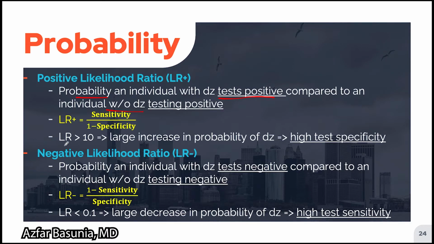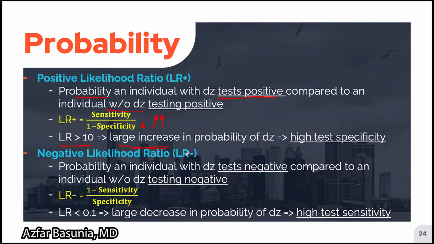A positive likelihood ratio greater than 10 indicates a large increase in the probability of the disease, that is, a high test specificity. This makes sense as a high test specificity would be closer to 1, which would make the denominator of this fraction small, which would make the overall fraction a very large number.